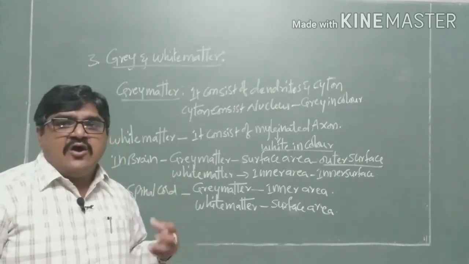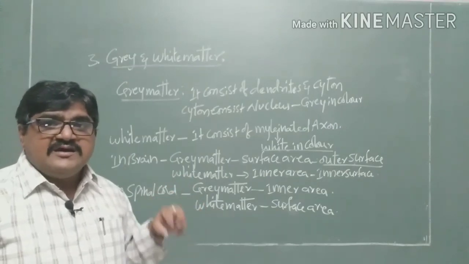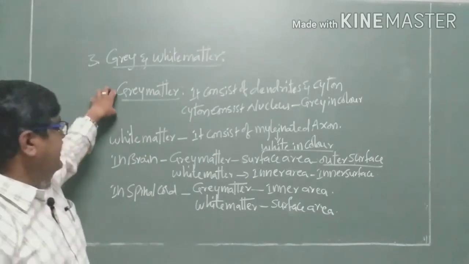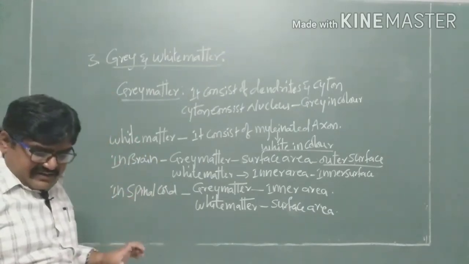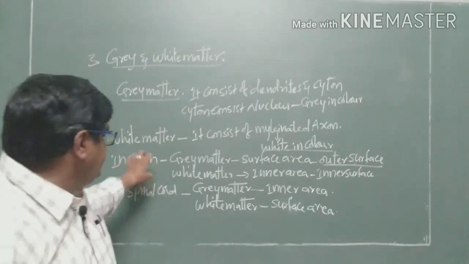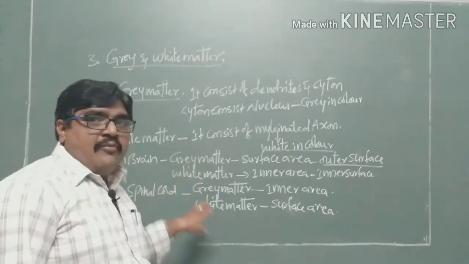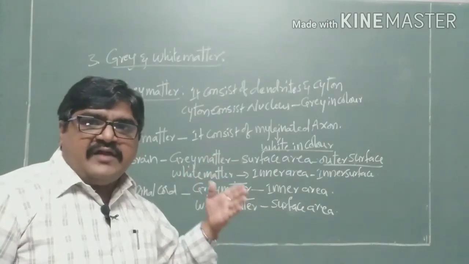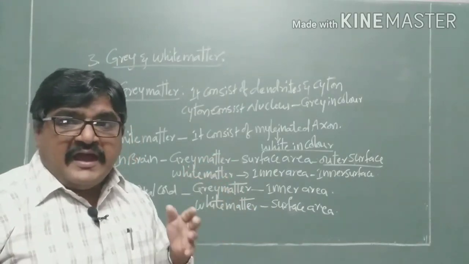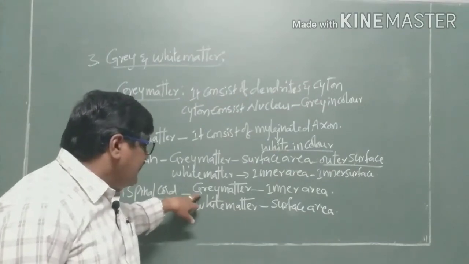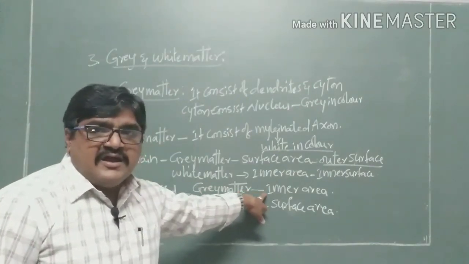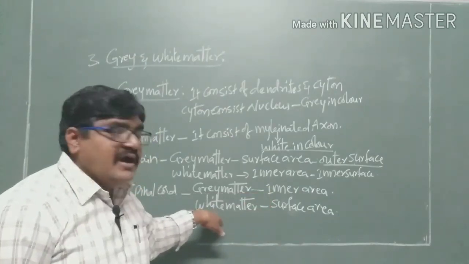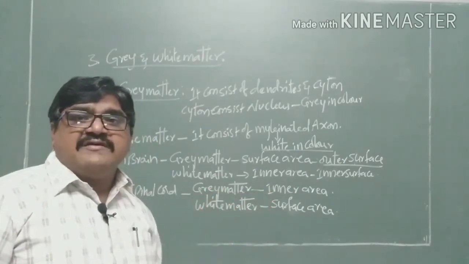So these are the two matters, gray as well as white matter, and in brain and spinal cord they are in opposite directions.